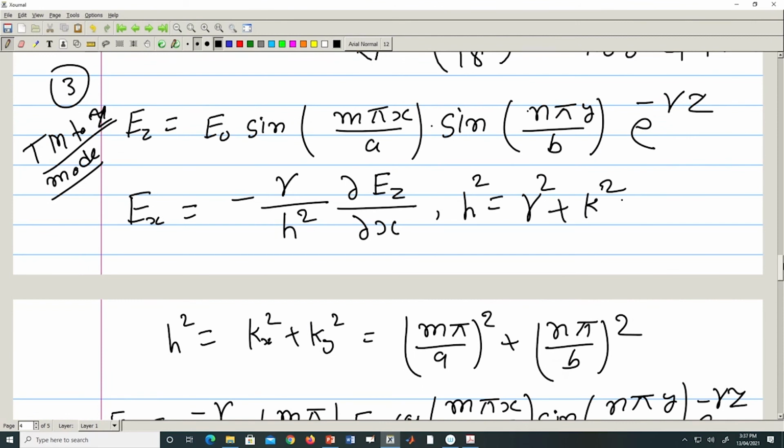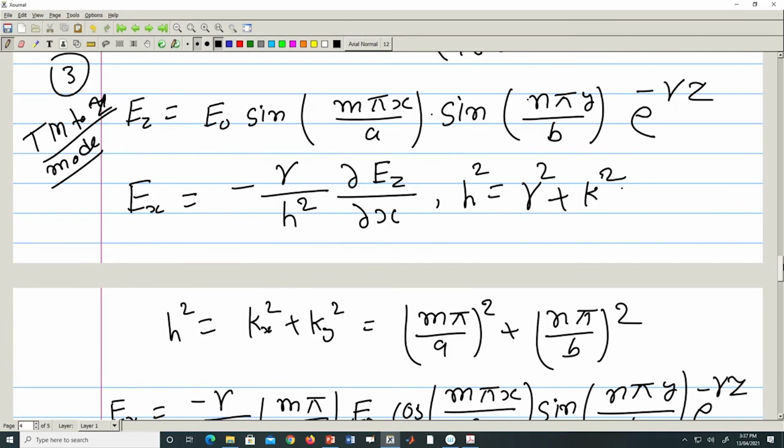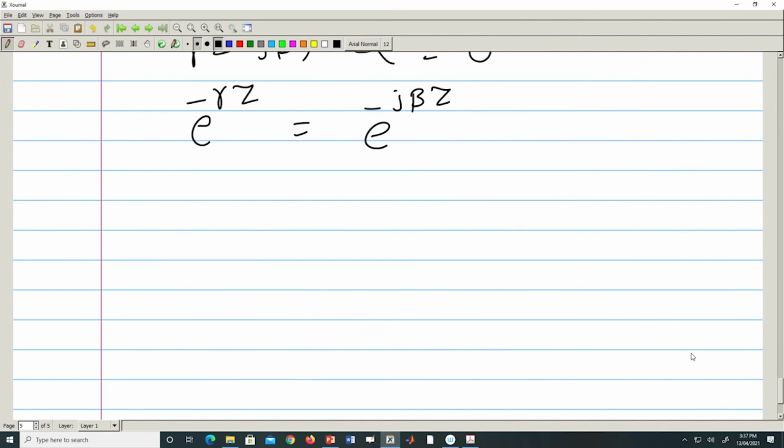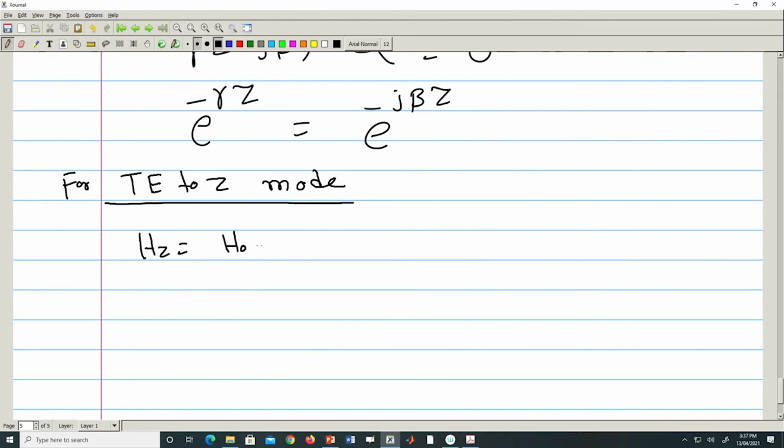For the TE to Z mode, Hz will be H naught cos of m pi x by a cos of n pi y by b, here m or n will start from 0, because this will be 1. So Hz will be there, e to the power minus gamma z, and Ez will be 0 for this case.